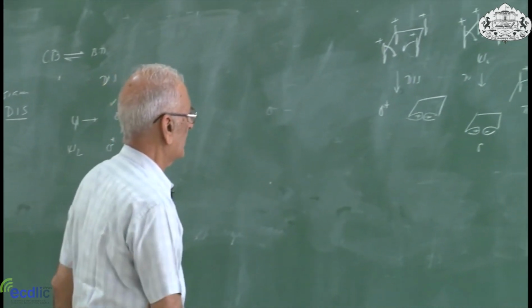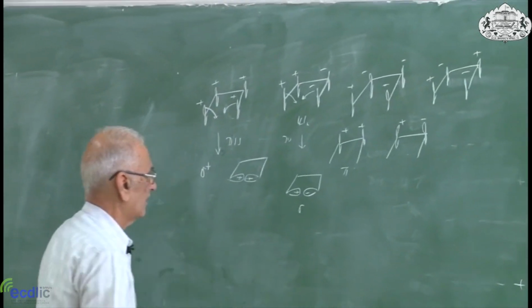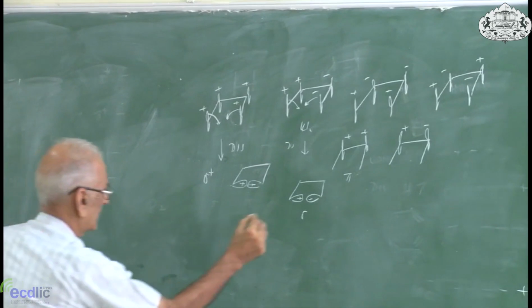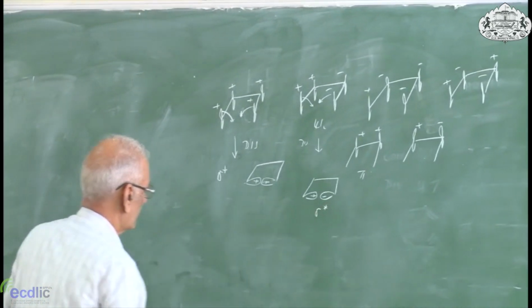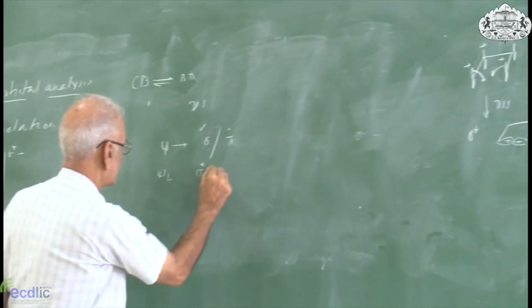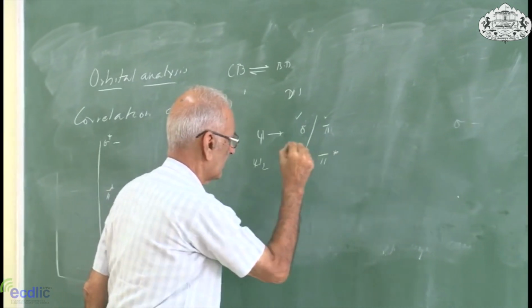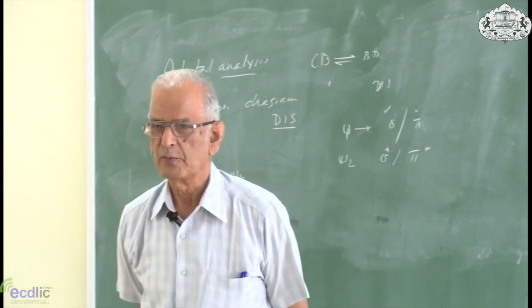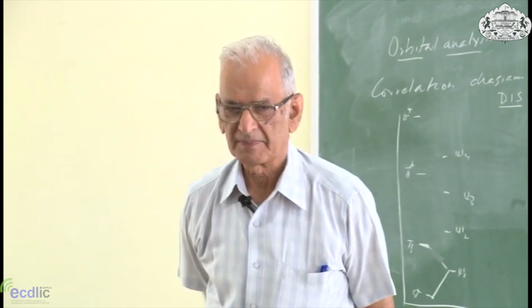So, middle orbitals will correlate with pi star. So, end orbitals will correlate with sigma star, middle orbitals will correlate with pi star.